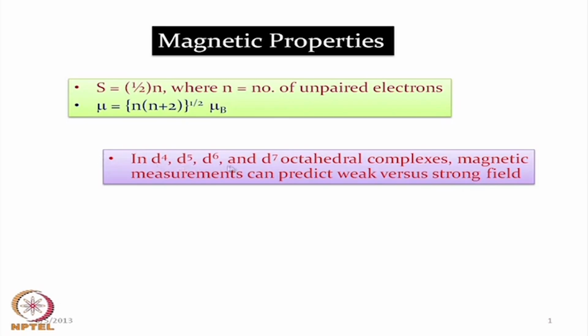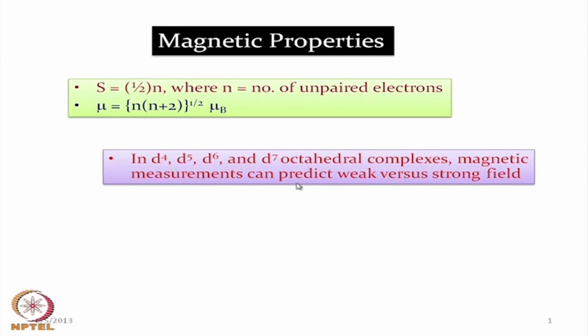And for d4, d5, d6 and d7, so far we have been able to calculate the corresponding crystal field stabilization energies, because depending upon the number of electrons in the t2g and eg levels, we can have different CFSE values. We have seen that also when we applied the CFSE values for ionic radii, for hydration energy, for spinel structure and so many cases.